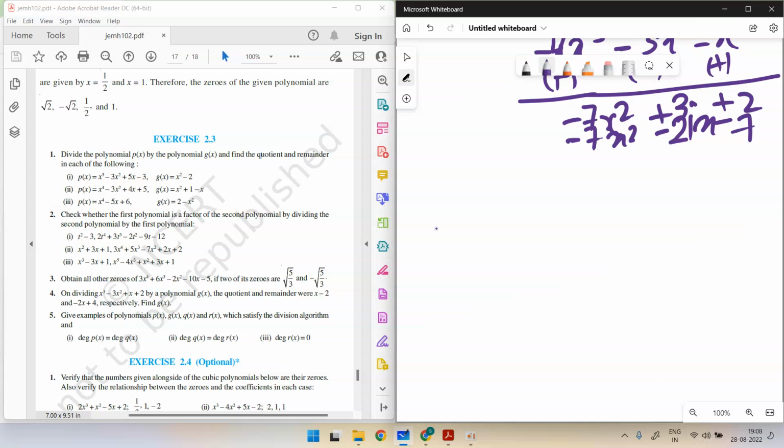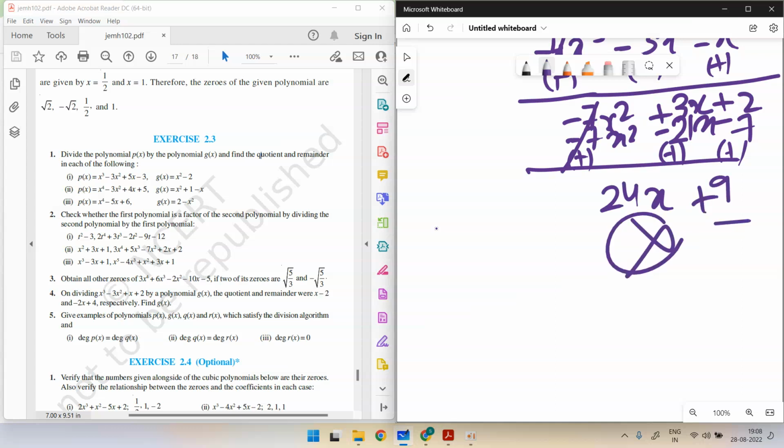If you subtract, this will become plus, this will become plus, and this will become plus. This x will become cancelled, and this will become 24x plus 9. Since the remainder is not equal to 0, the first polynomial is not a factor of the second polynomial.